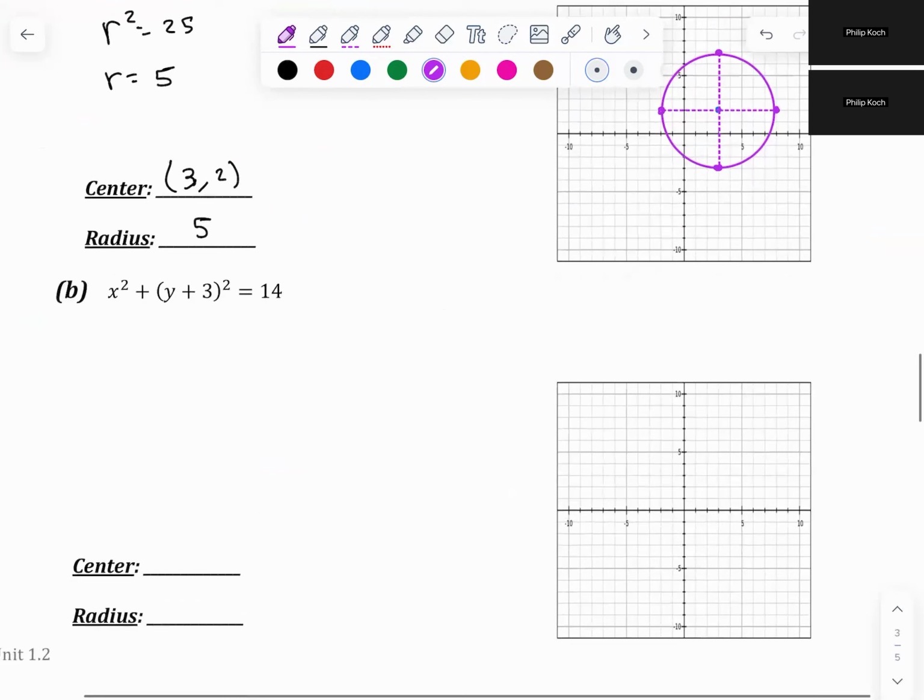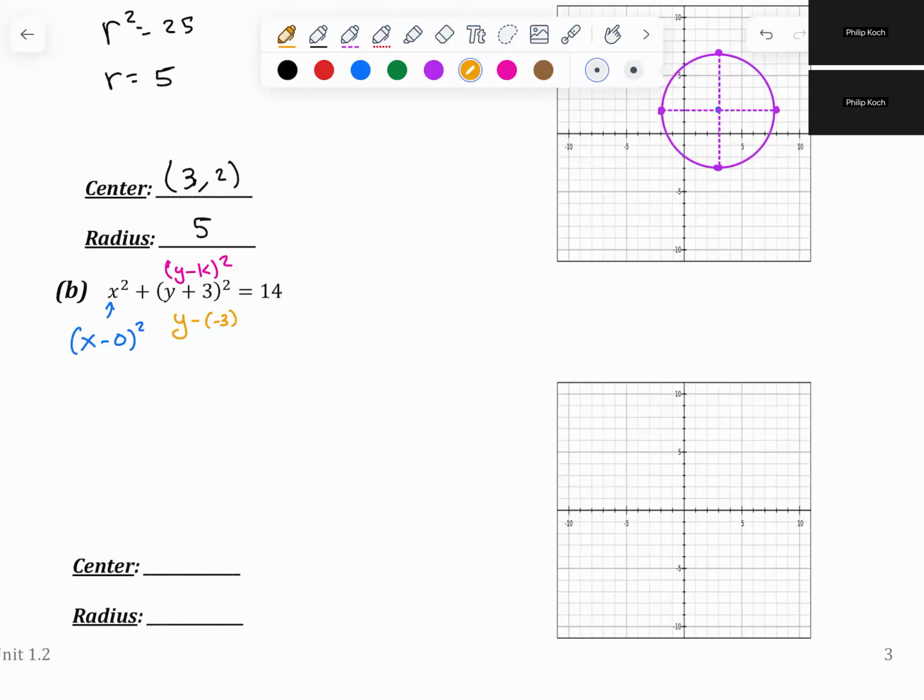This next one was deliberately designed to kind of trick us. Where's the center? Someone said 0, -3, and they're right. The thing is, it's got x squared, which is the same thing as x minus 0 squared. And since we need it to be y minus k squared, we have to rewrite this as y minus -3.